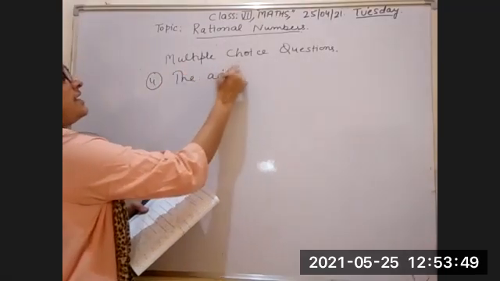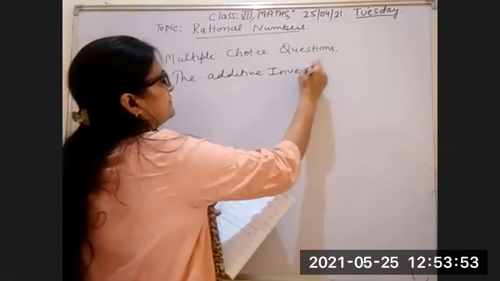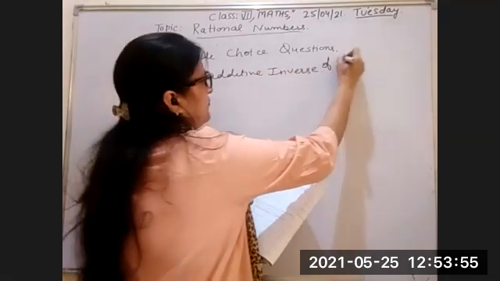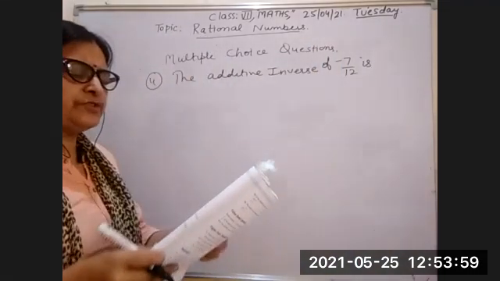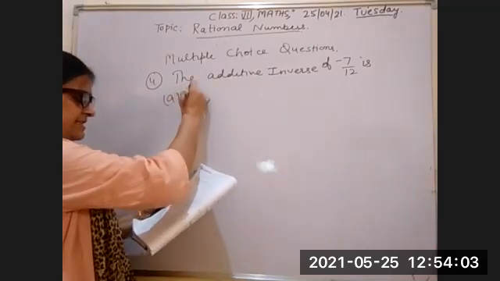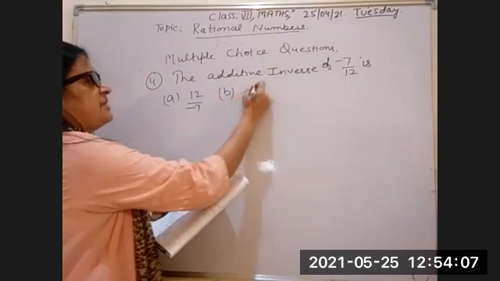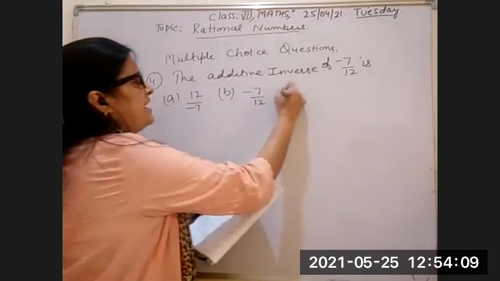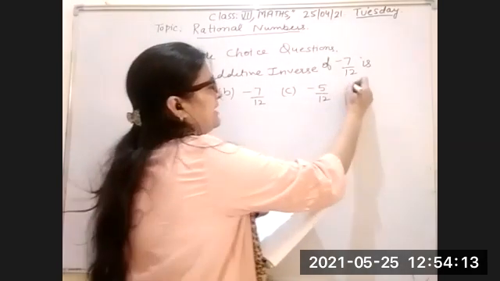The additive inverse of -7/12. What will be the additive inverse of -7/12? Your options are given: A is 12/-7, B is -7/12, C is -5/12, and D is +7/12.